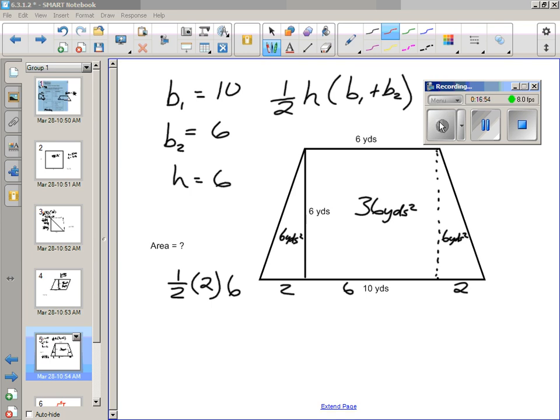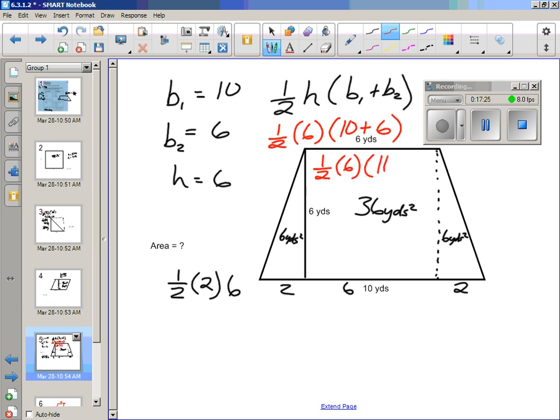Let's plug in the numbers. 1/2 of the height is what, class? 6. The height is 6. And then we're going to multiply that by base 1. What's base 1? 10 plus 6, plus base 2. All right, now we have to do what's inside the parentheses first. What's 10 plus 6? 10 plus 6 is 16. So we have 1/2 times 6 times 16.